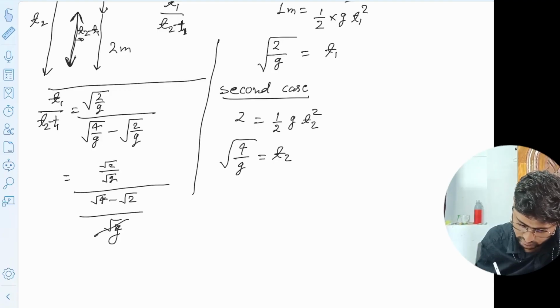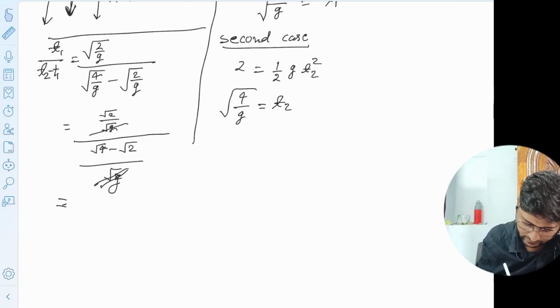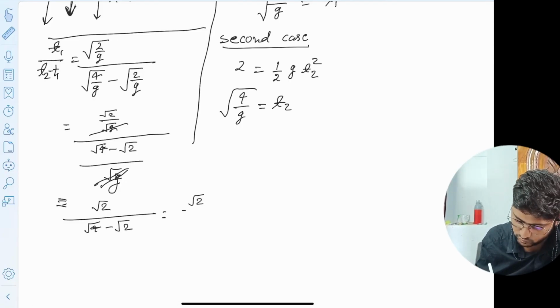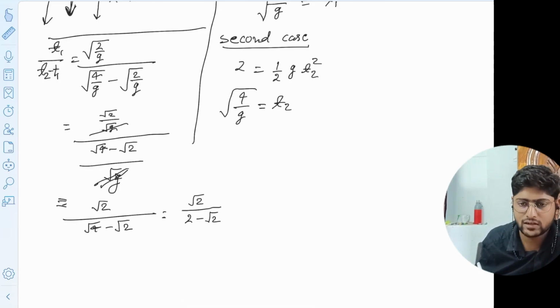Root g cancels. It becomes root 2 divided by root 4 minus root 2. Root 4 equals 2, so it becomes root 2 divided by 2 minus root 2. Taking root 2 common everywhere, we can write 2 as root 2 into root 2.